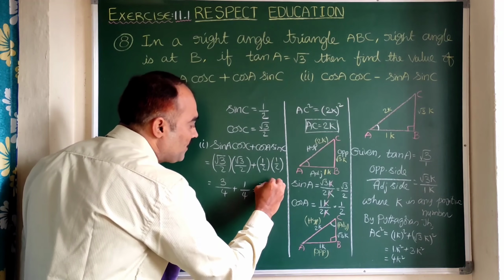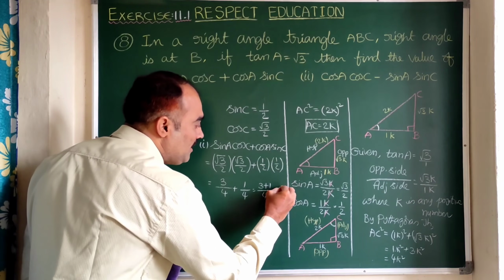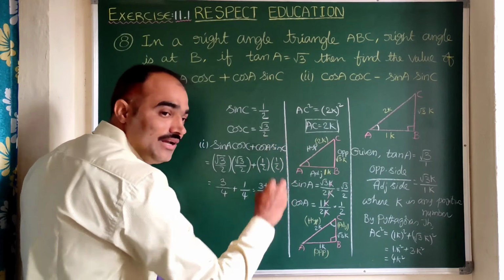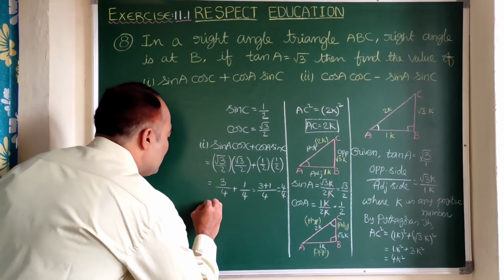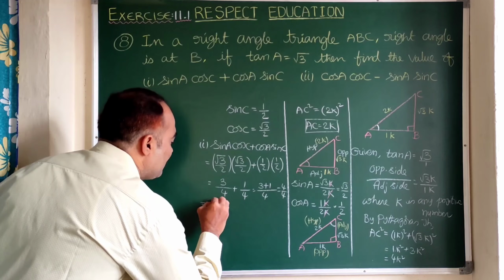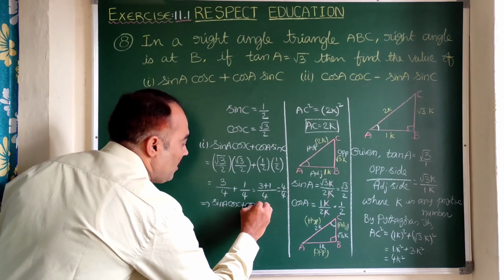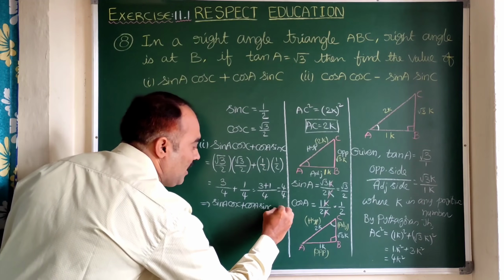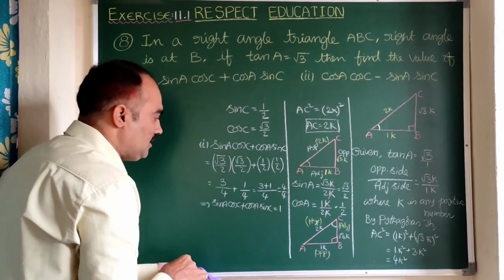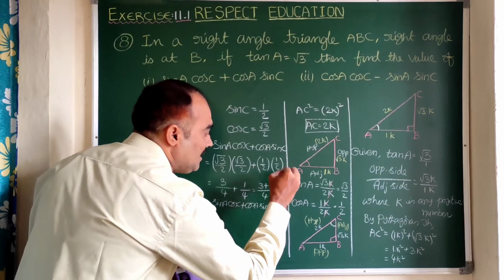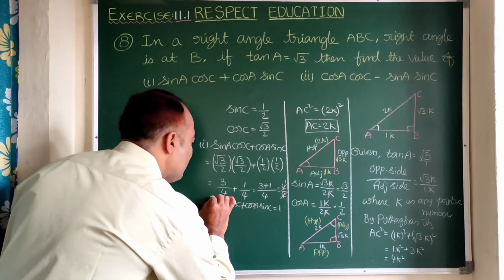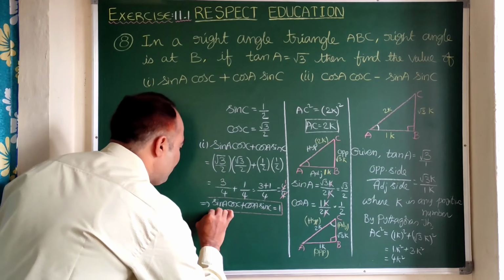Here what will come? 3 plus 1, that is 4 by 4, which is 1. So the first one, that is sin A cos C plus cos A sin C, we got as 1 because here you see the 4 gets cancelled. So the first bit is over.